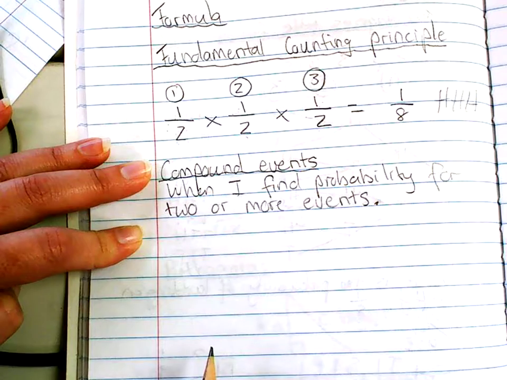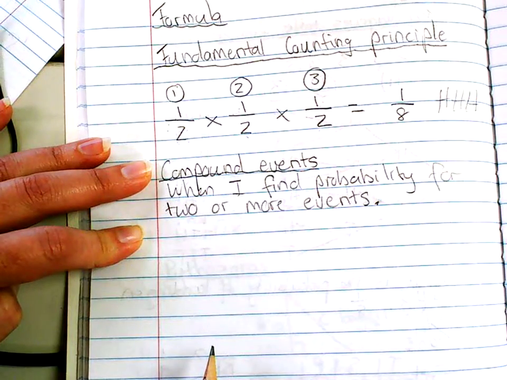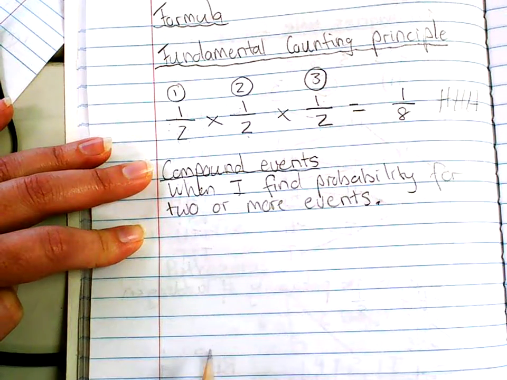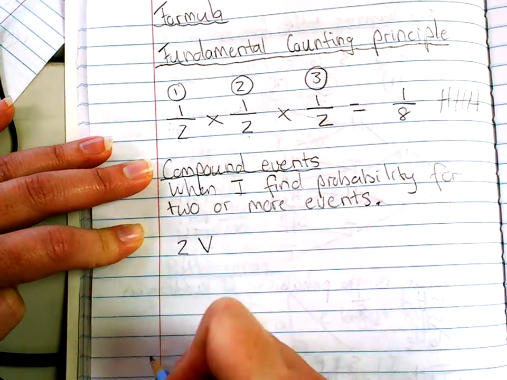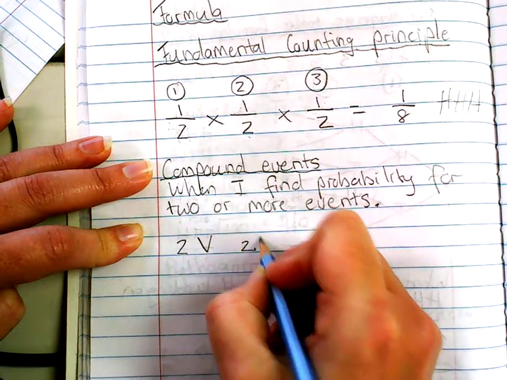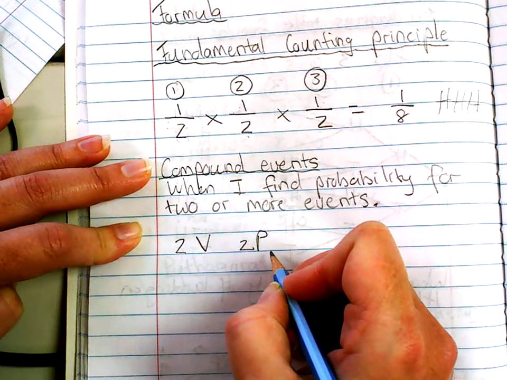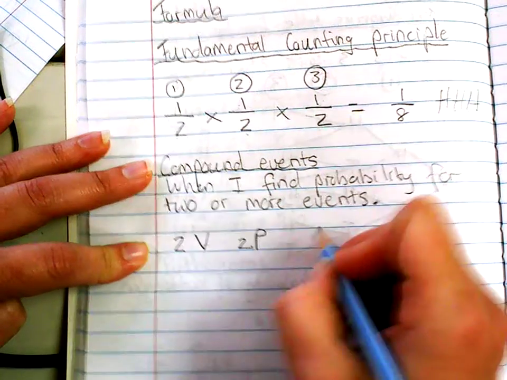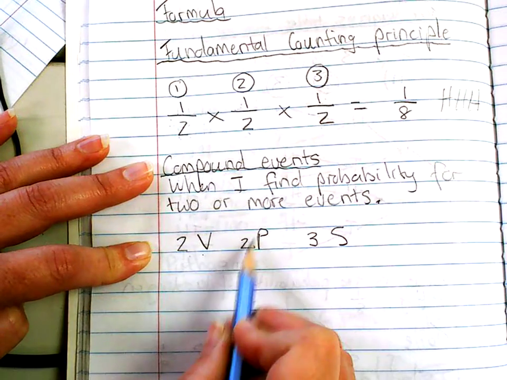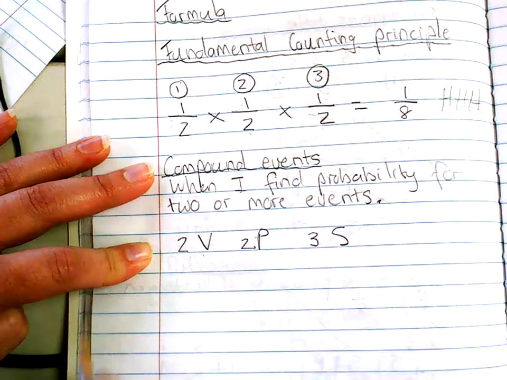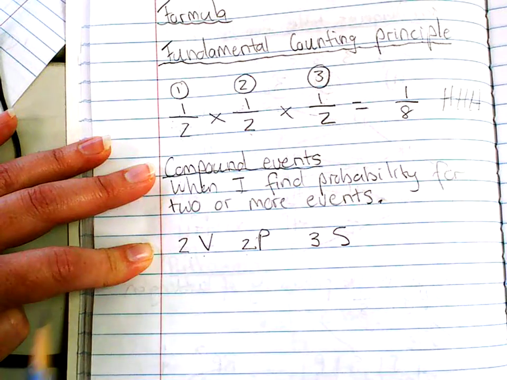At the dinner table one night, there are 2 vegetables, 2 proteins like chicken and beef, and 3 starches. You're going to pick one vegetable.